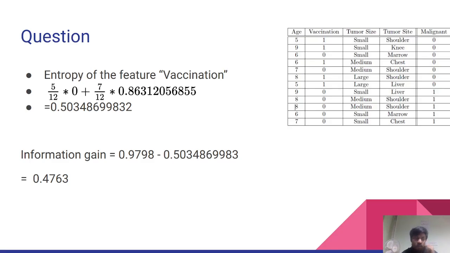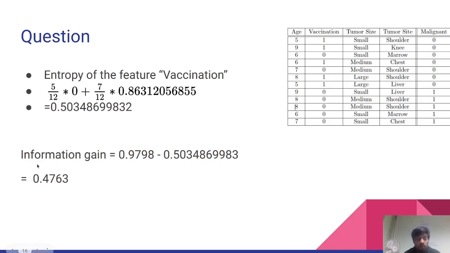Sir, can you explain information gain? Yes, information gain here is calculated as the entropy of the label minus the entropy of vaccination. By that we mean how much information we are getting by using this vaccination column. This was the entropy earlier, 0.9798, and with vaccination the entropy is this.